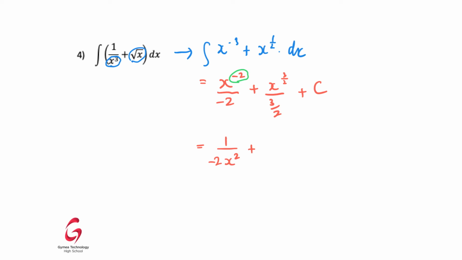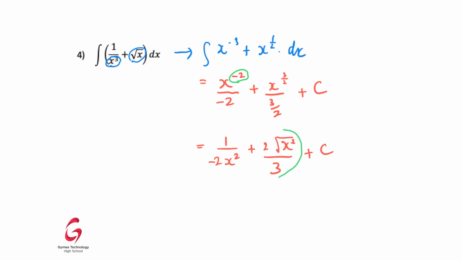That fractional index is going to be the square root of x cubed. Then we've got this dividing by 3 on 2, so we're going to flip the reciprocal and multiply. So it's going to be 2 root x to the power of 3 on 3. And don't forget your plus c.